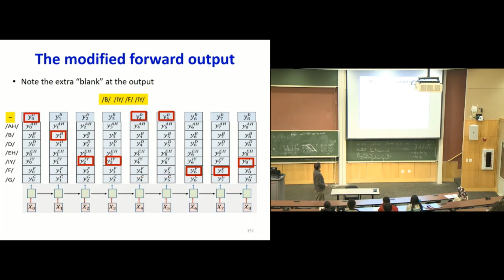But if I had a decode like this, the initial blank goes away. This is going to be B, E, and then these blanks don't matter. But here I have B, I have E, then there's an F, and there's a blank between the two instances of F. So now there are two F's.